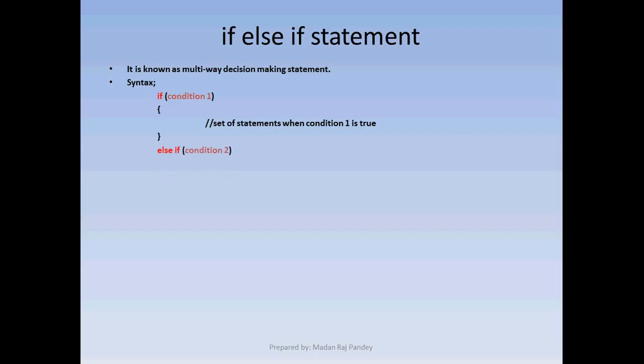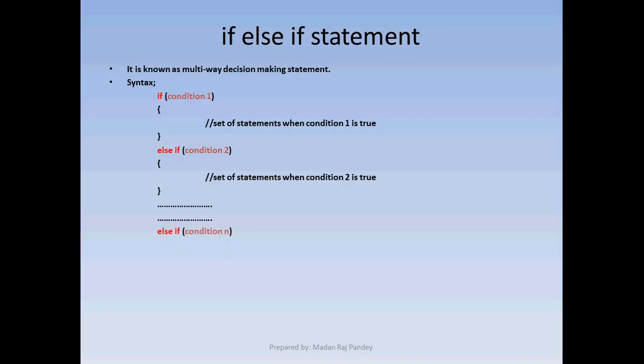That is, it is written like this in C syntax: else if condition 2, and if this condition is true, then the set of statements for condition 2 is executed.